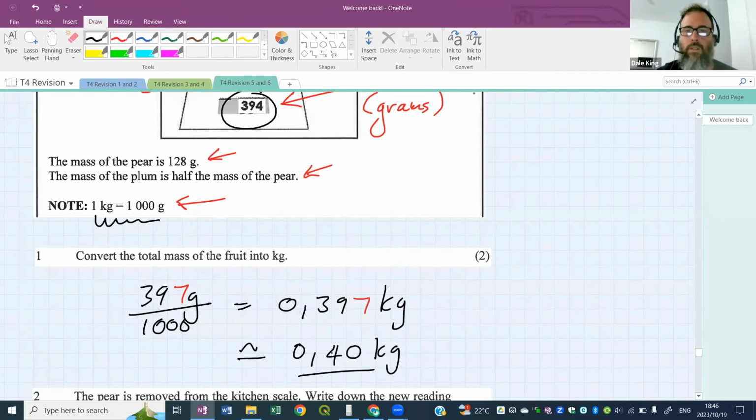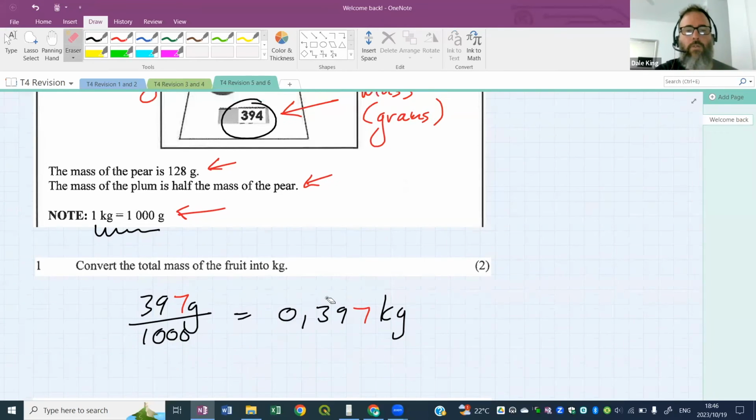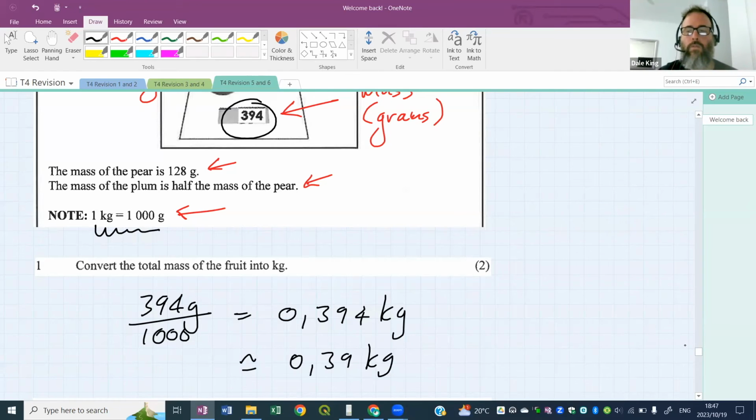Just remember that. But it's not 397. It is 394, so let's put the 4s back. So we don't need to change it. It's just going to be 0.39 kilograms, always rounding off to 2 decimal places.